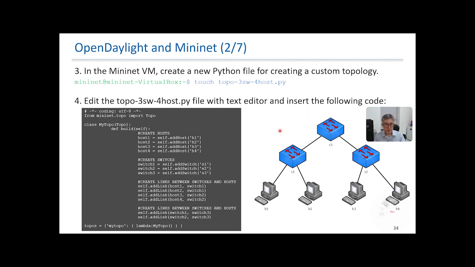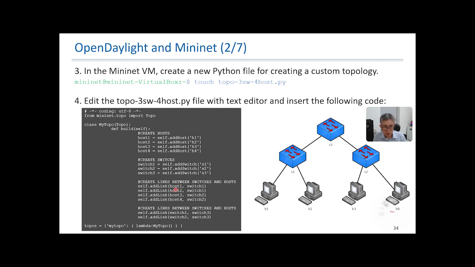From mininet.topo import Topo, and then some definitions in Python code. So add the hosts h1, h2, h3, h4, and then create the switches, add switch 1 to 3, and then create the links between switches and the hosts.